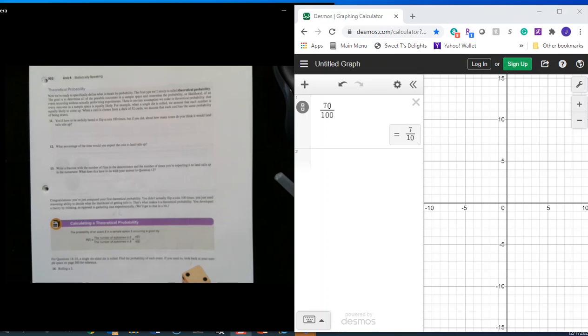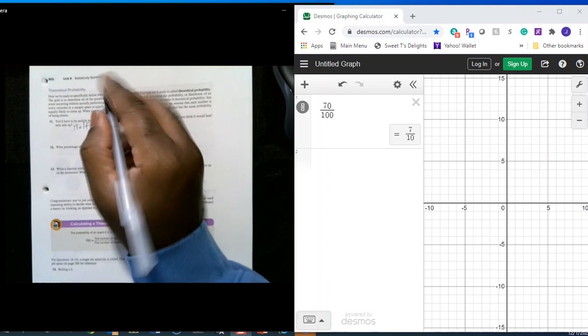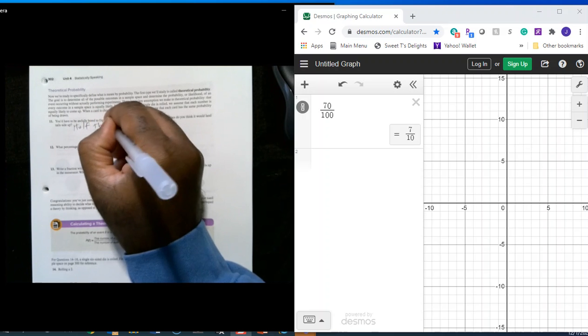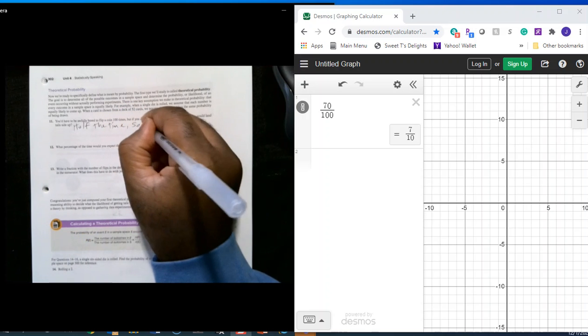When a card is chosen from a deck of 52 cards, we assume that each card has the same probability of being drawn. You'd have to be awfully bored to flip a coin 100 times, but if you did, about how many times do you think it would land tail side up? I would say half the time, so about 50.